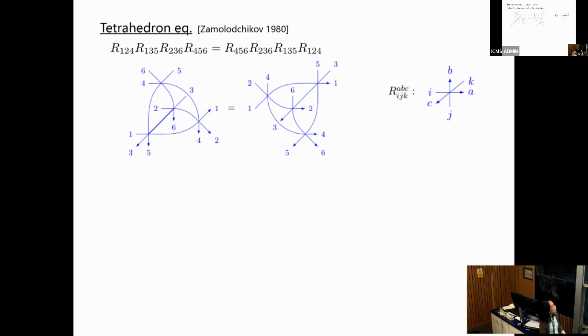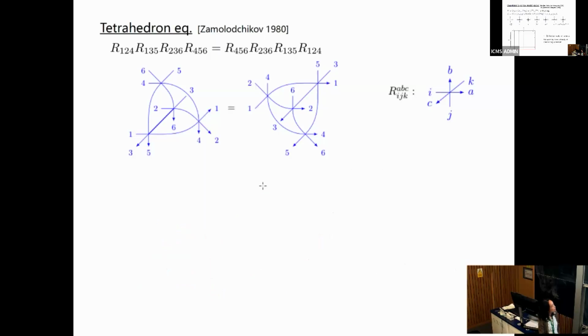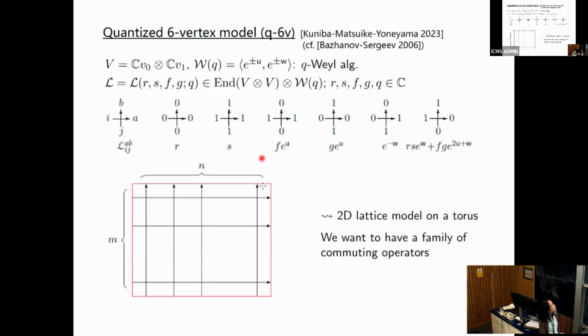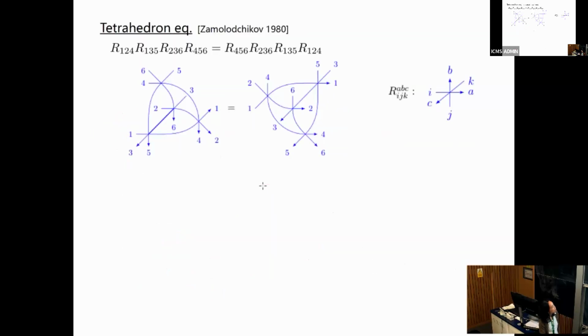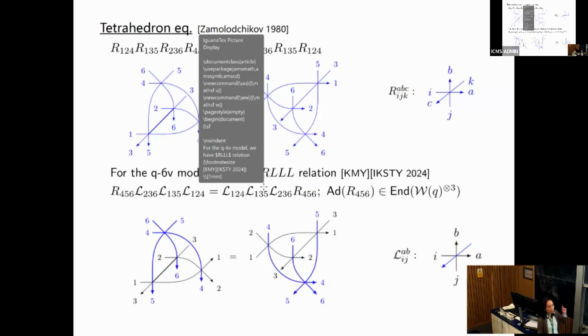Based on this equation, for the quantized six vertex model, we use these types of tetrahedron equation first. Now we assign this L. This is the same as this one, but now I add blue arrows here to denote the space where the q-oscillator algebra acts.